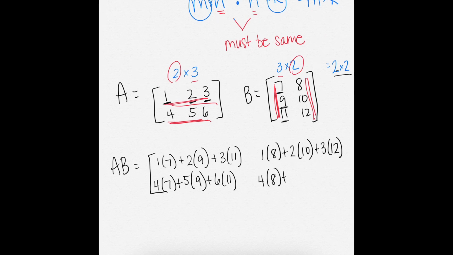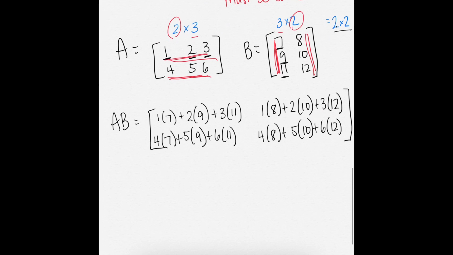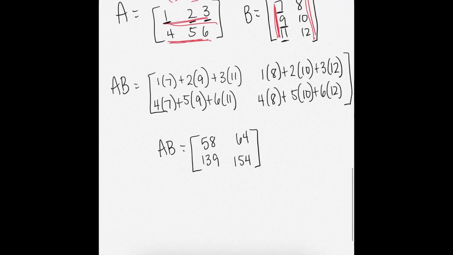So we're going to say 4 times 8 plus 5 times 10 plus 6 times 12. This is going to be the product of A times B. I came up with, hopefully I don't have a mistake here, 58, 139, 64, 154. That will be the product of A times B.